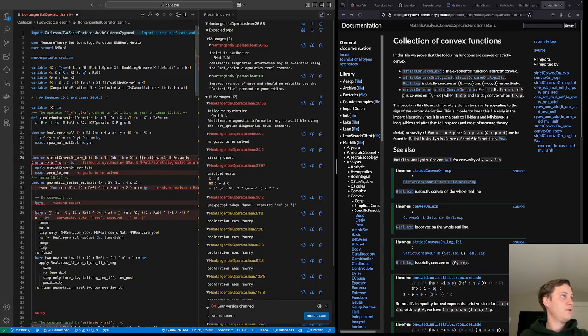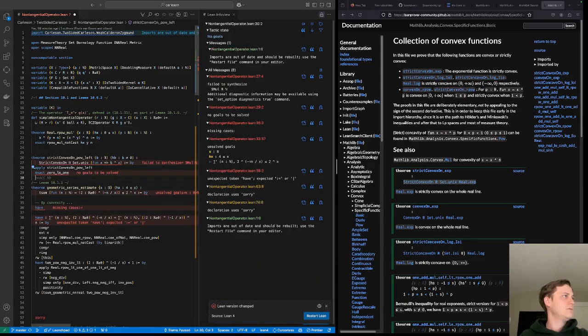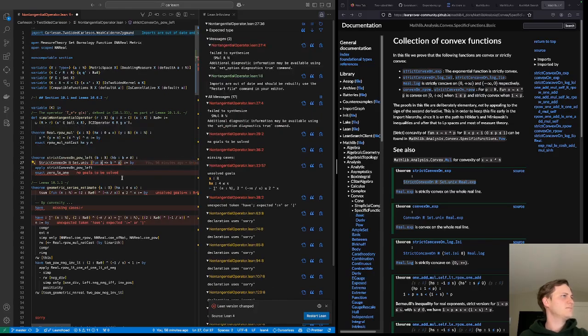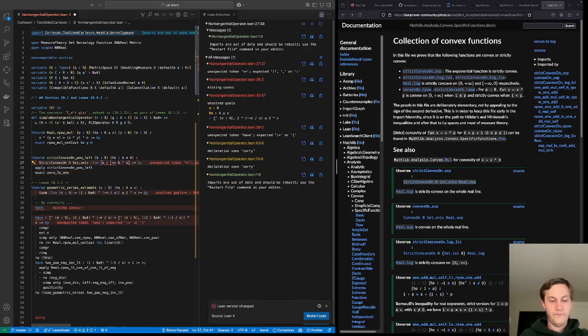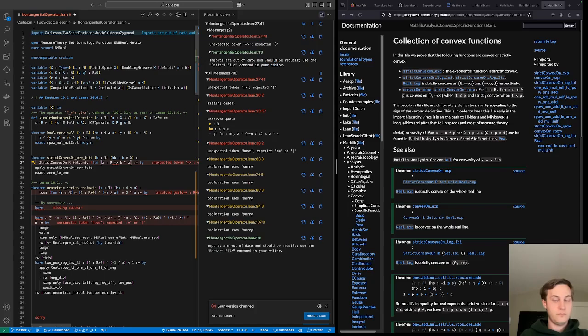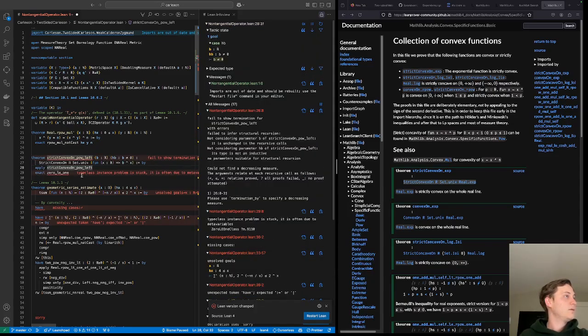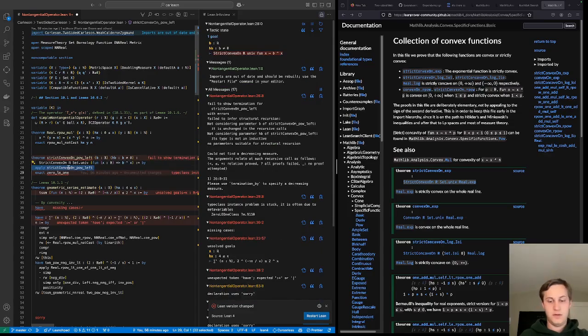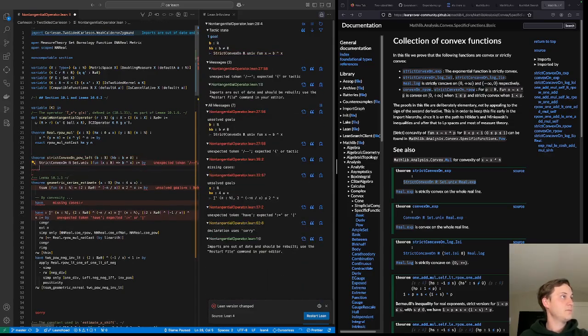Fail to synthesize. So why is x being a natural number here? Fail to show termination. Okay, the AI generates here.